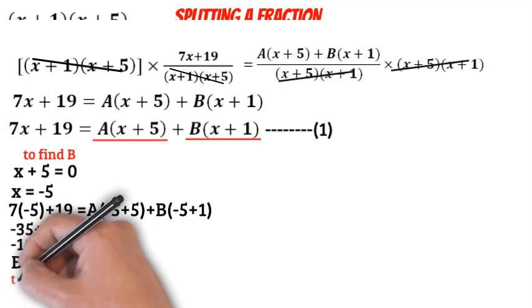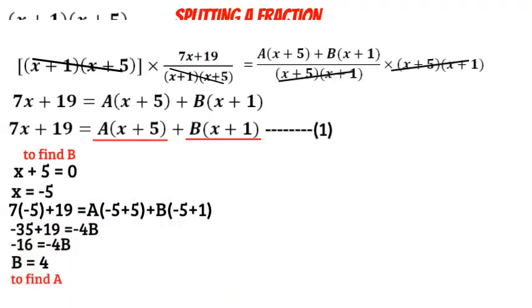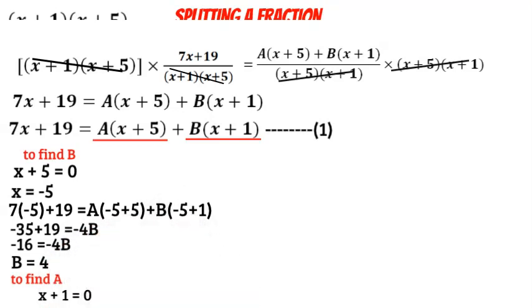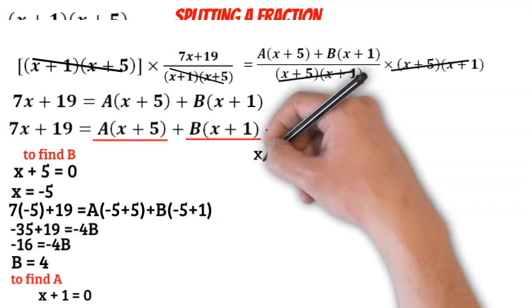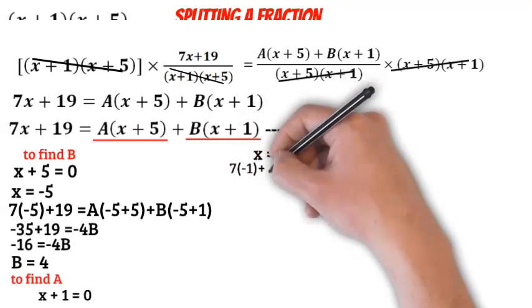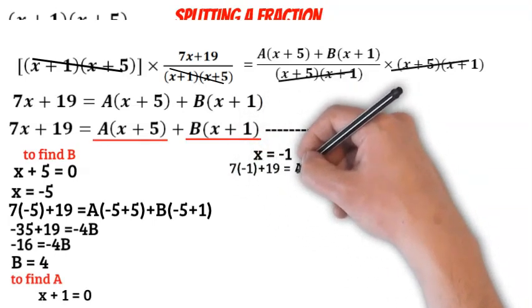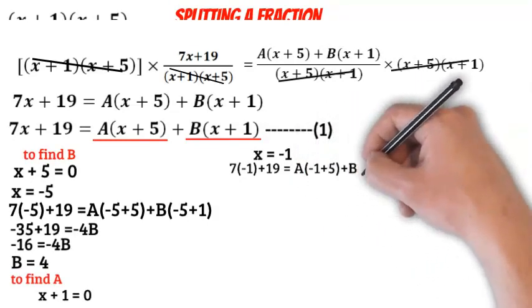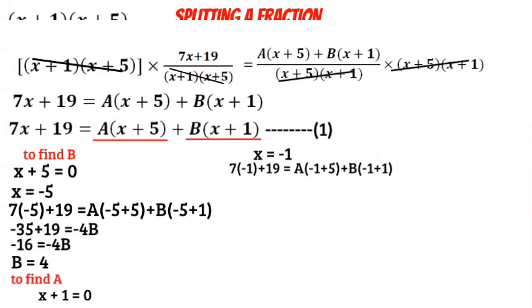Now, to find A, find the zero of x + 1, that is, x + 1 equals 0. If plus 1 crosses over, we have our x as minus 1. Then put it into equation 1. So we get 7(-1) + 19 equals A(-1 + 5) + B(-1 + 1).